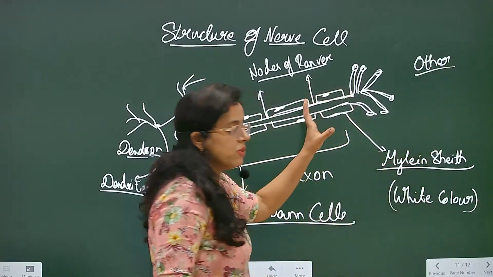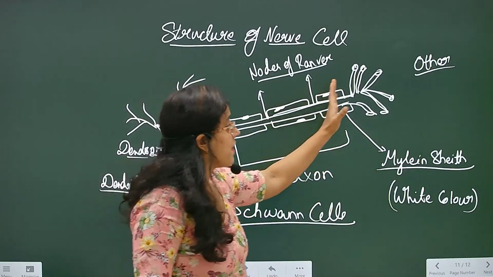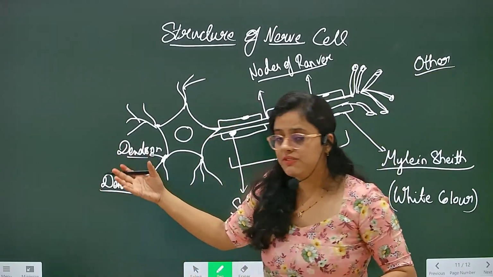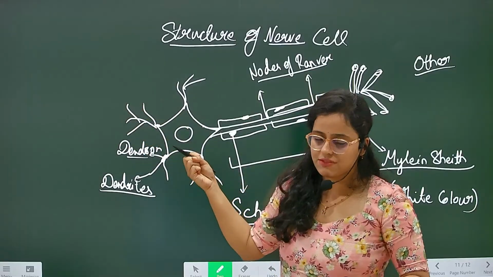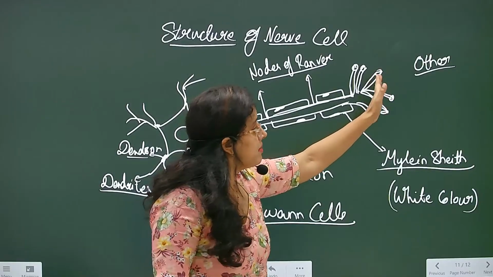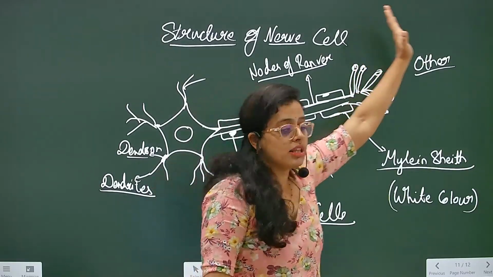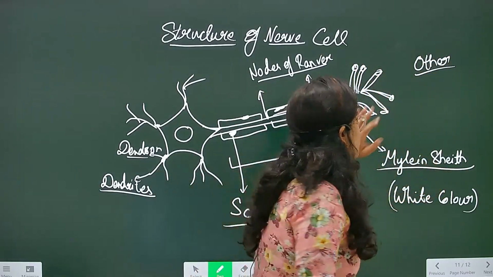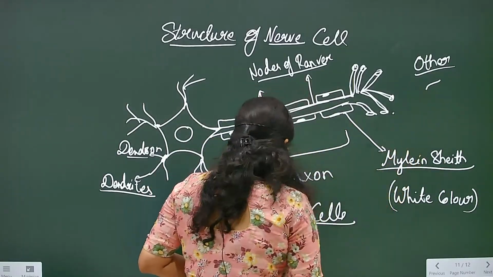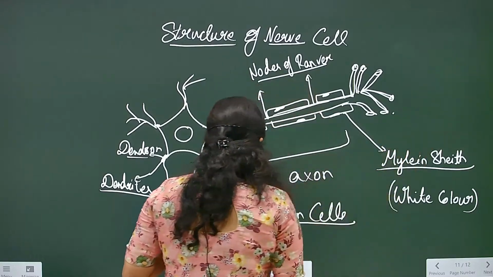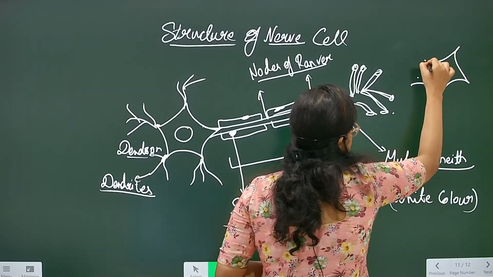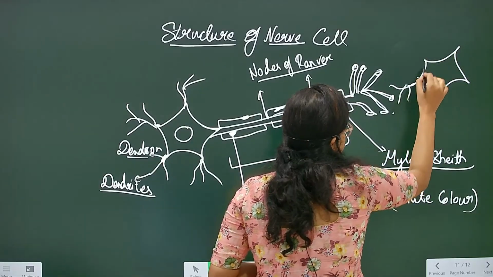So these axons transfer the information to the other nerve cells, and the dendrites are the ones receiving. The impulse is carried towards the axon terminals, and it reaches the other nerve cell. So the junction between the axon and the other nerve cell is called a synapse. So here we have another nerve cell with dendritic extension.